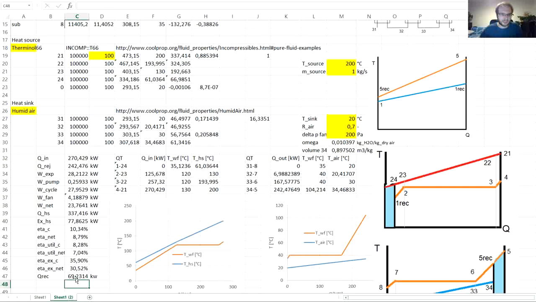So we can see that almost 70 kilowatts will be saved from the heat input into the cycle, and the same amount will be also saved from the heat rejection.